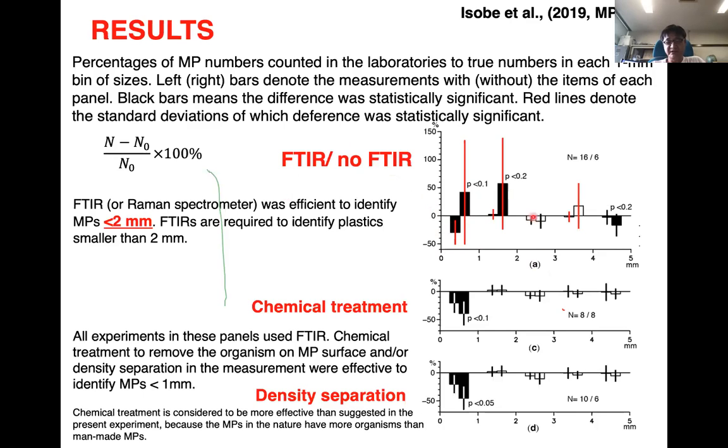You can find that as far as the microplastics of the size larger than 2 millimeters, the difference of the laboratories with and without FTIR are very small, very minor. But regarding the microplastics with size less than 2 millimeters, the difference of the laboratories with and without FTIR are very large.